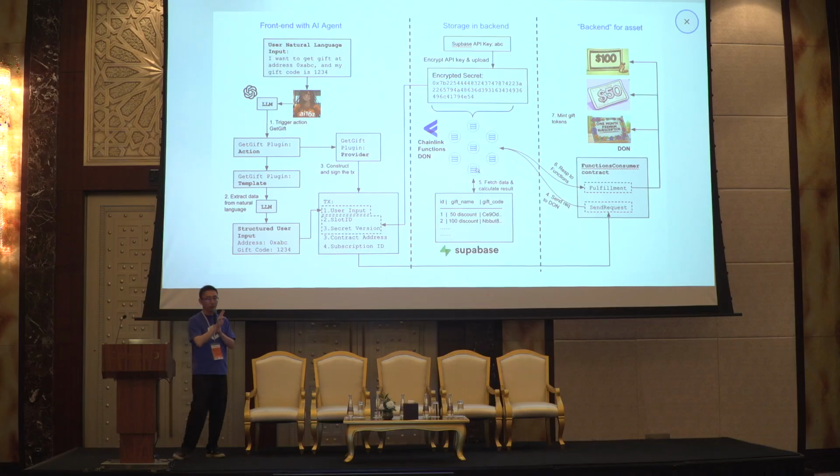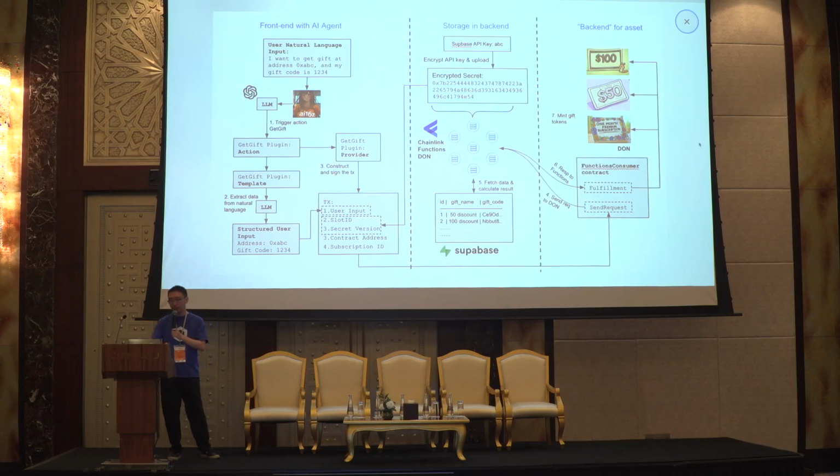And if these two records match, it will return the result to say, oh, good, you can just pass this request. And then the Chainlink Functions consumer smart contract will receive the result to see the request is valid from the user. And a new NFT will be minted to this user's address.